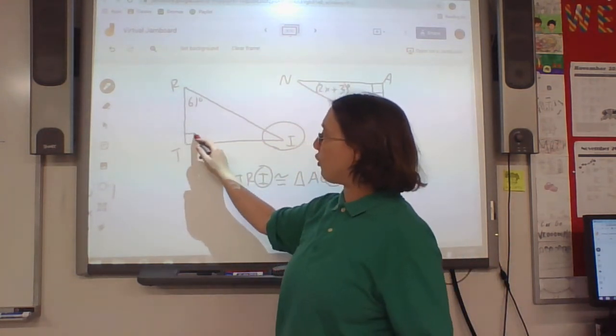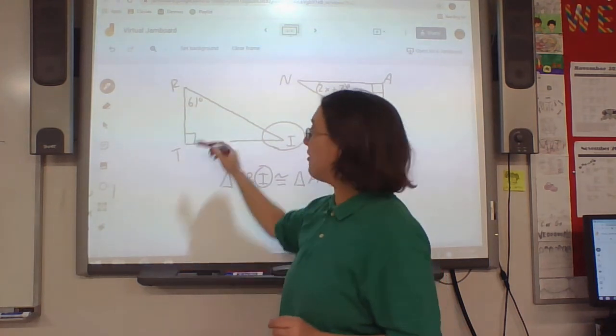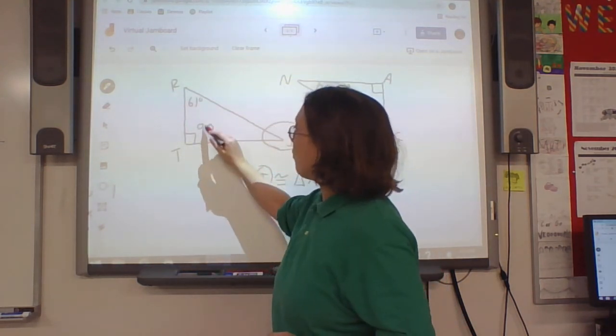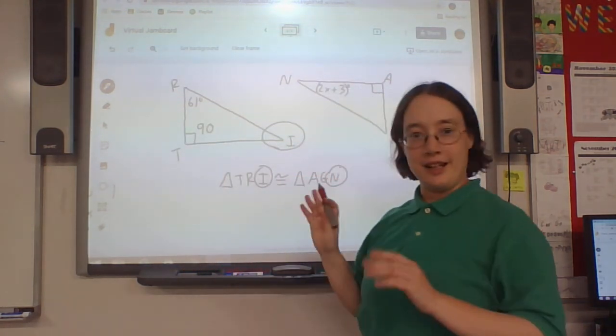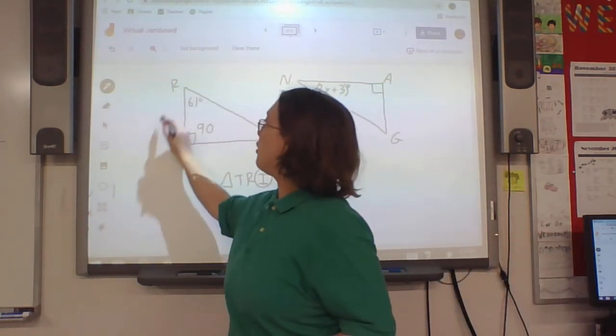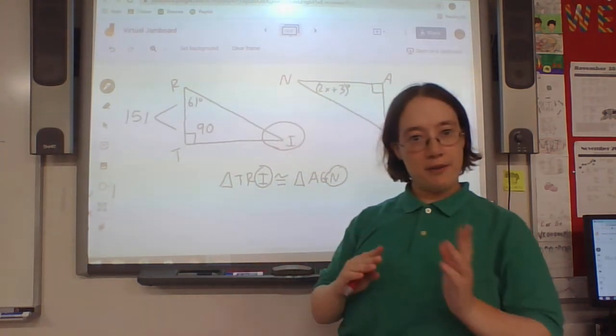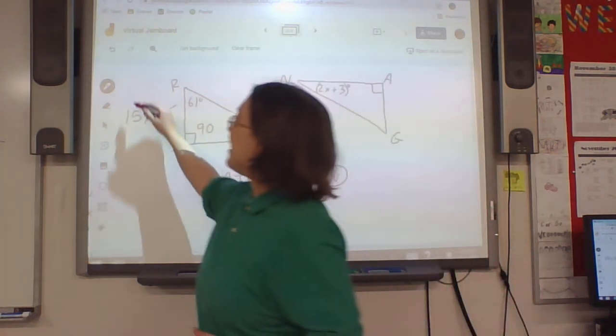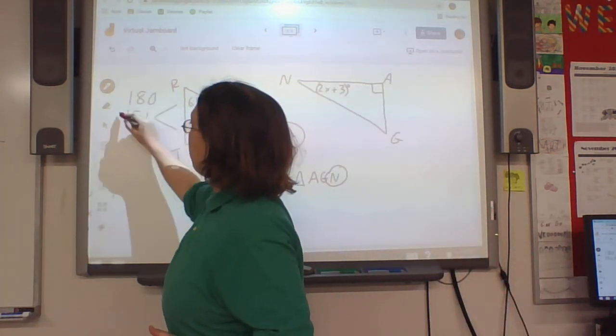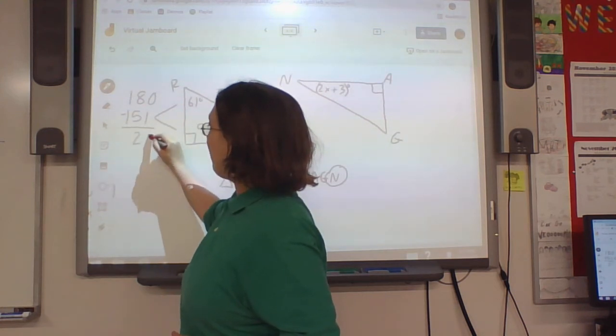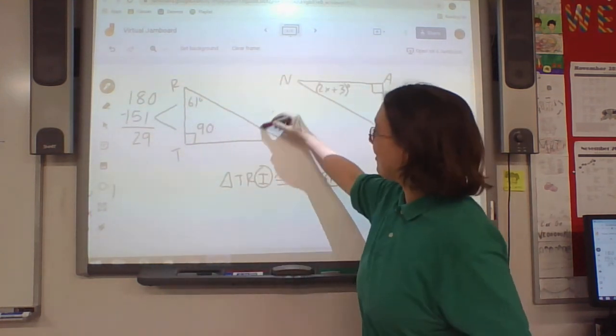So if we know this is a right angle, right angles are 90 degrees. So we got a 90-degree angle over here, and we got a 61. 90 and 61 add up to 151. And all three of the angles have to add up to 180. So if we take 180 minus that 151, that'll give us our third angle.